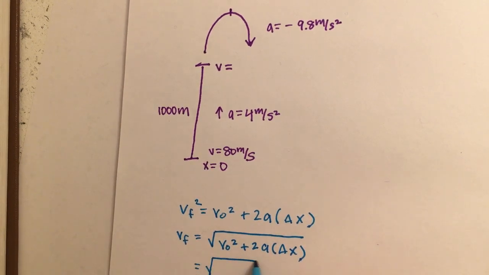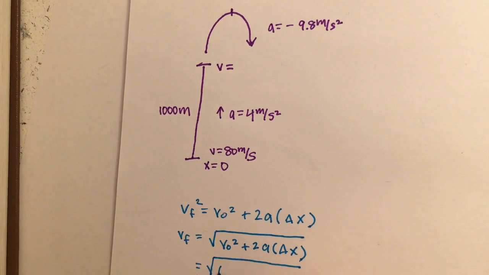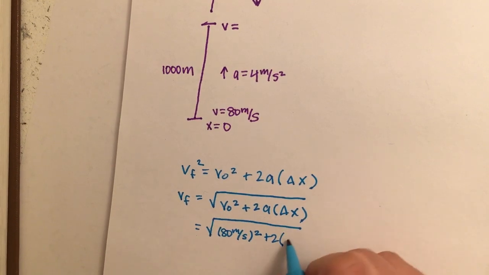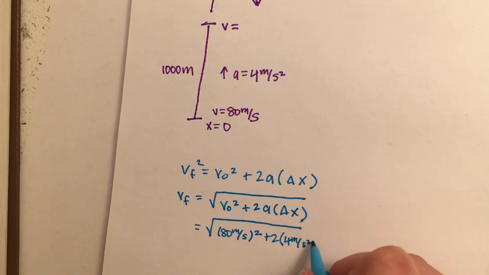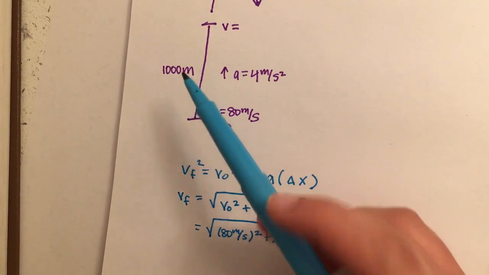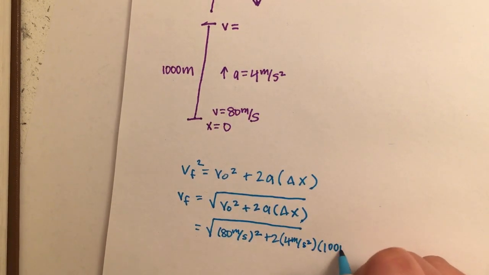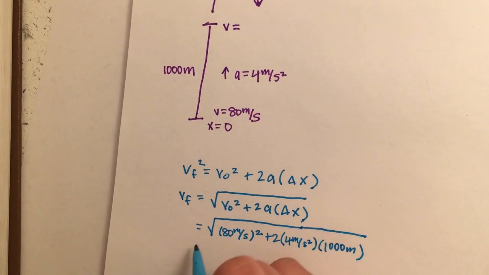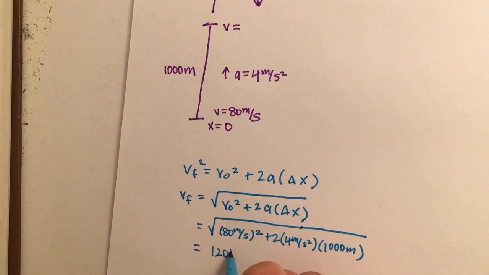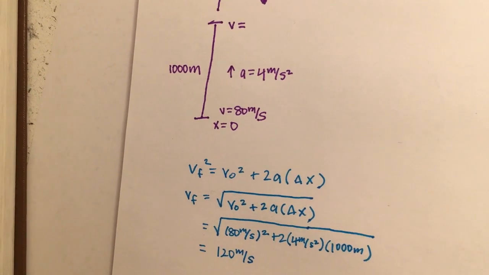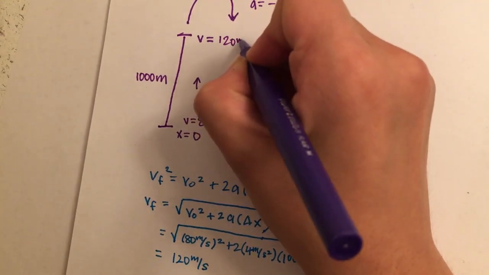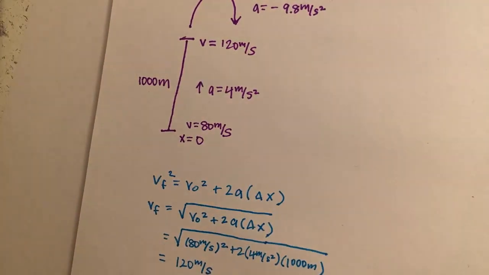The initial velocity is 80 meters per second, so 80 squared plus 2 times the acceleration, 4 meters per second squared, times the distance traveled, 1,000 meters. If you calculate that, it comes out to 120 meters per second. So the velocity here is 120 meters per second when the engines fail.